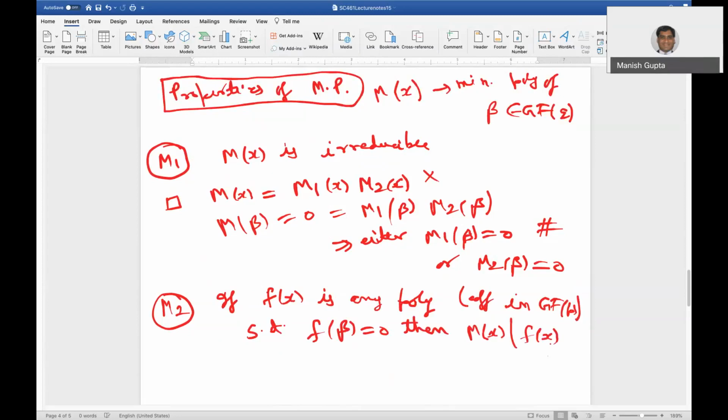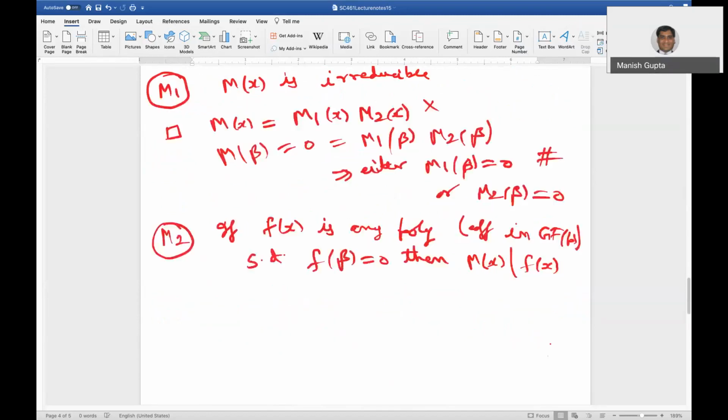This is a very interesting fact. Note that m(x) is the lowest degree polynomial that beta satisfies, the minimal polynomial. And if beta is a root of some other polynomial, then m(x) must divide f(x). The proof is easy, so let us see the proof.